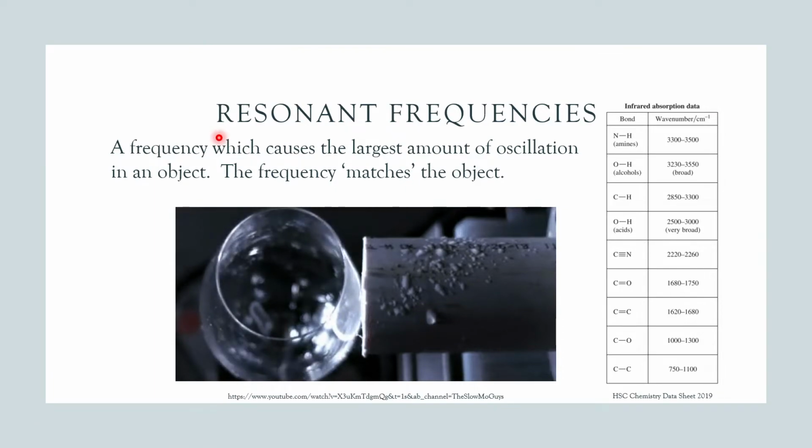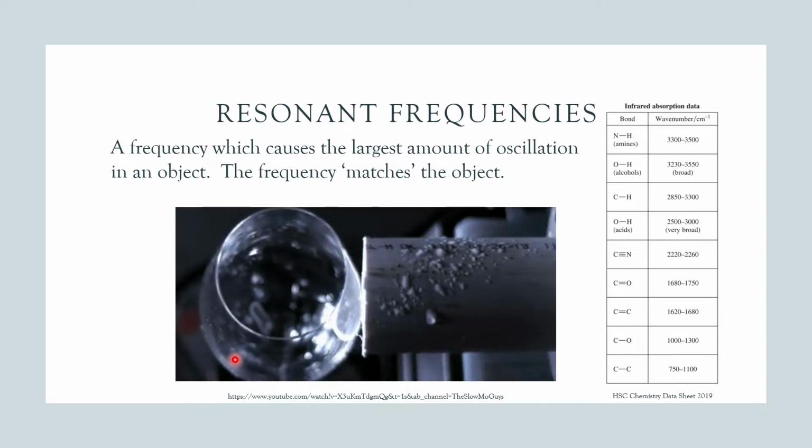What we actually have are resonant frequencies, and this is a frequency which causes the largest amount of oscillation in the object. Usually what we say is that their frequency matches the object. With sound, a lot of the time we talk about resonant frequencies with musical instruments, and something you may have seen or heard of before is how sound frequencies can resonate with glass, making it vibrate at its maximum and causing breakage, like we can see in this GIF.